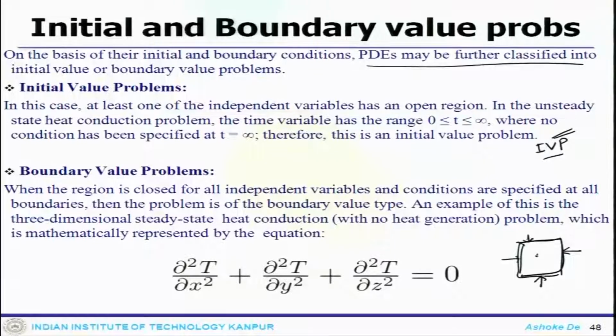So, that gets you a boundary value problem or BVP. So, not only the classification of the nature of the partial differential equations like elliptic or parabolic or hyperbolic, they can also be initial value problems and boundary value problems.